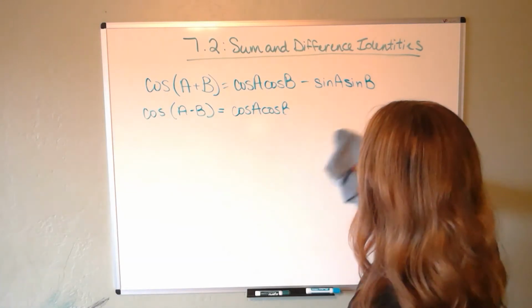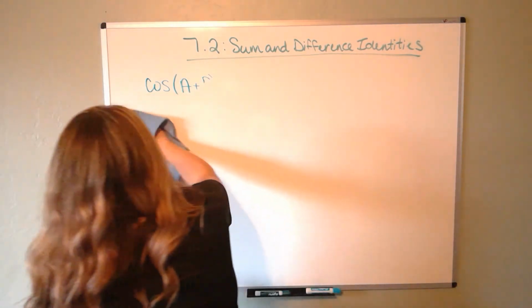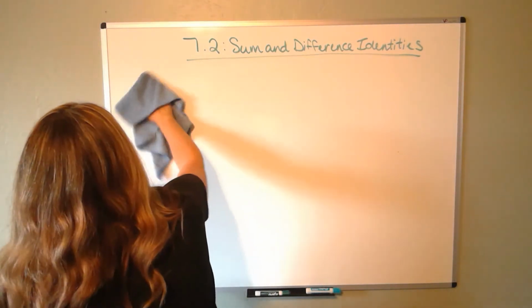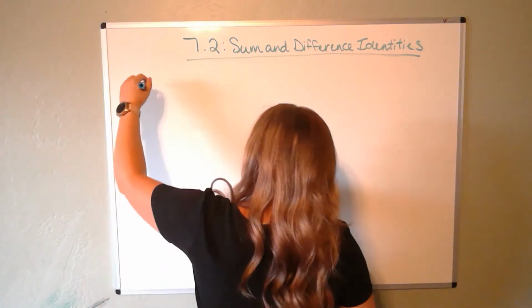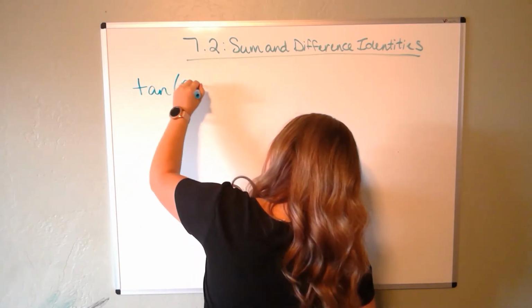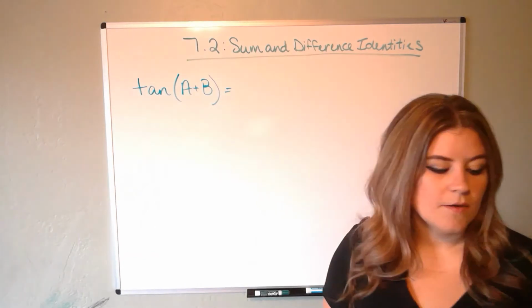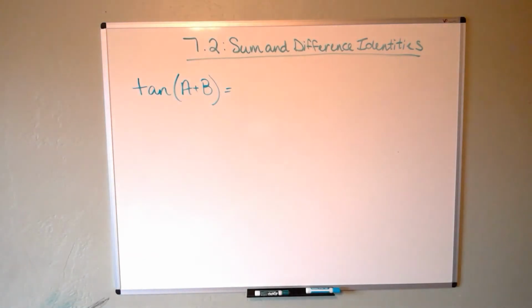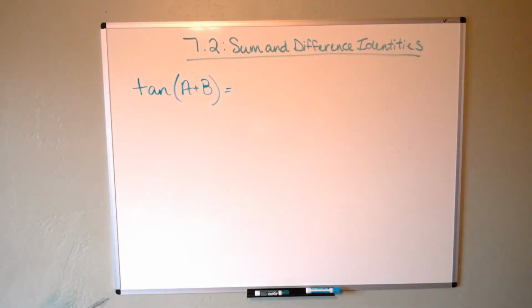Okay, so let's talk about tangent. Okay, so tangent identities are a little weirder, which is usually the case. Okay, so I want to find the tangent of A plus B. These aren't our favorite things to do.